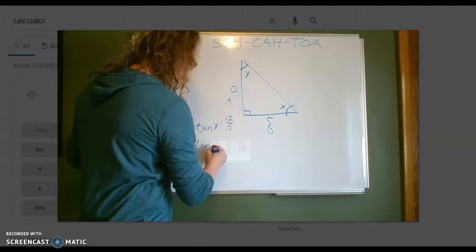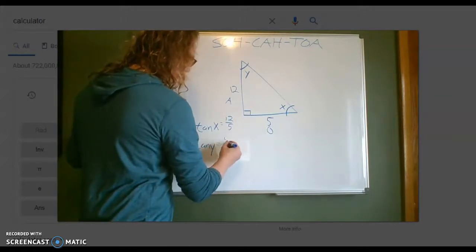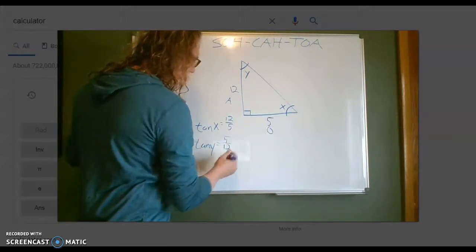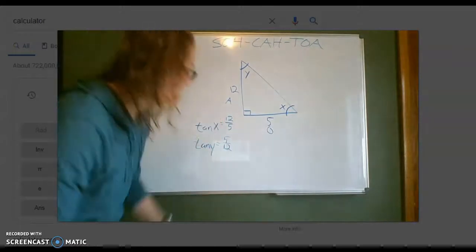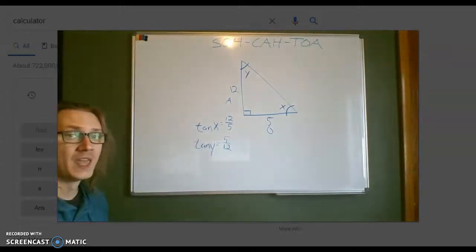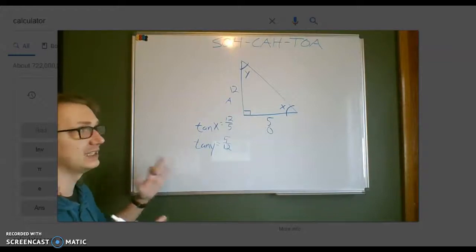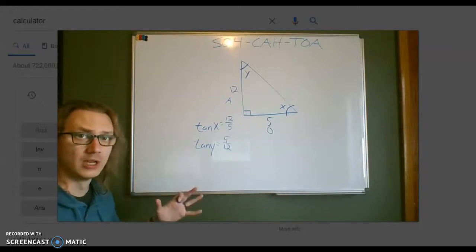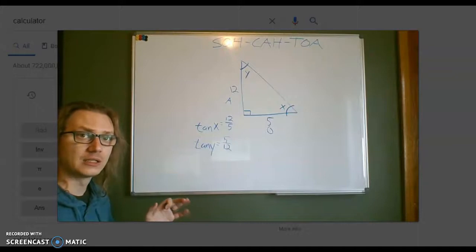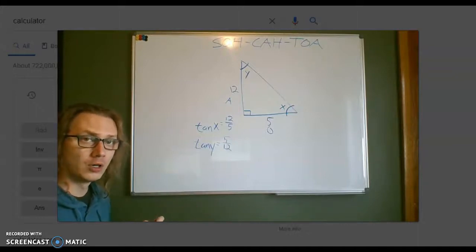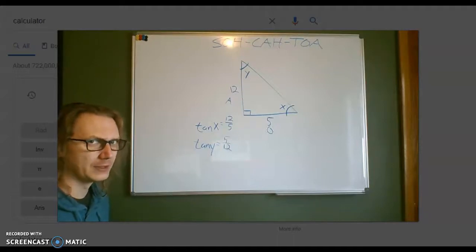So tangent of y is 5 over 12. And notice that these are flipped, 12 over 5 and 5 over 12. So if you write your two equations and realize that you have the exact same equations for two different angles, something's gone wrong.